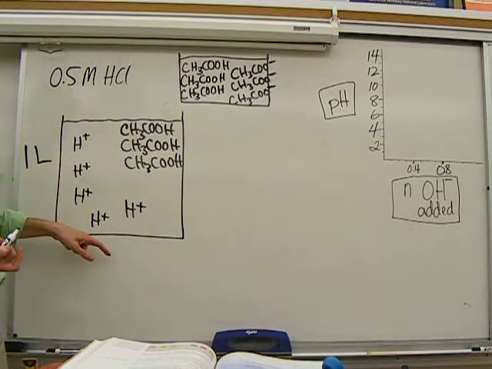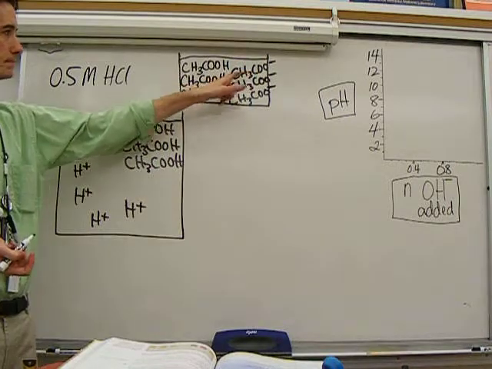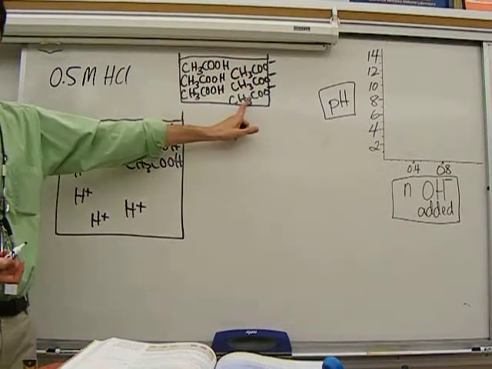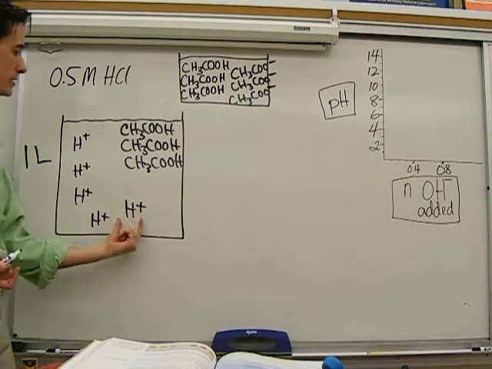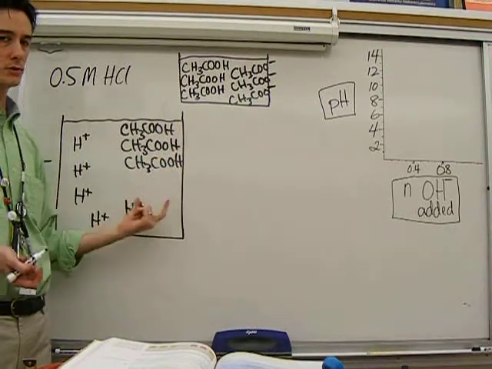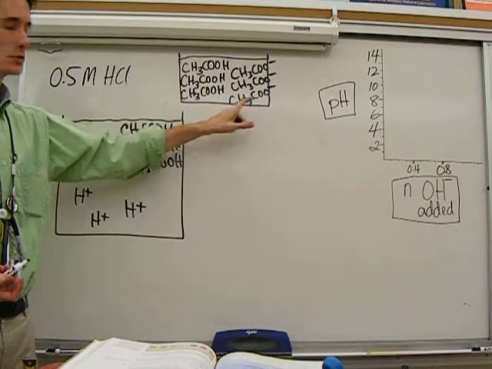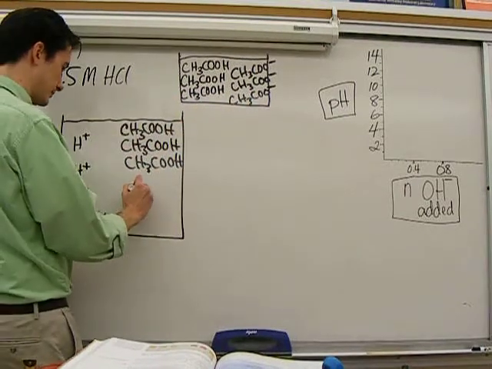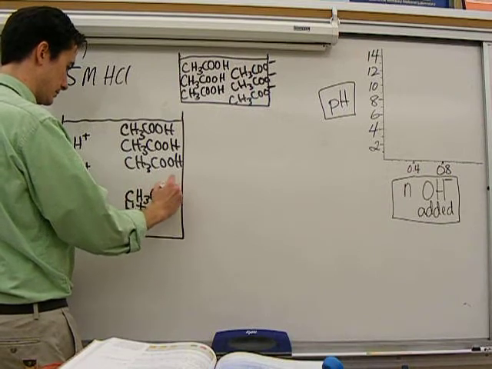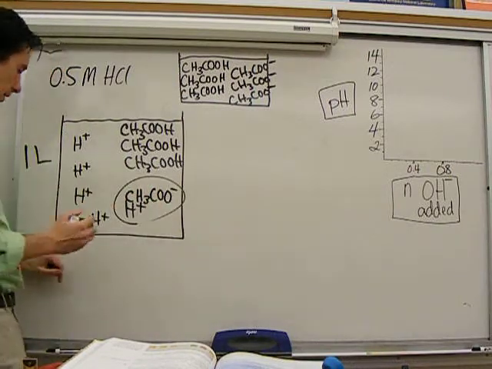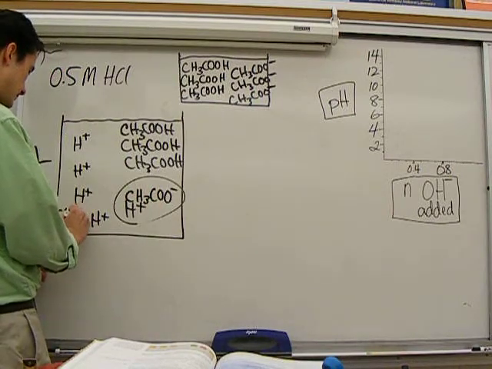So this is what we have. However, if we start putting this in, the acetate ion is going to accept these protons. Again, this is 0.1 moles. This is 0.1 moles. So if I put, right, they come together.